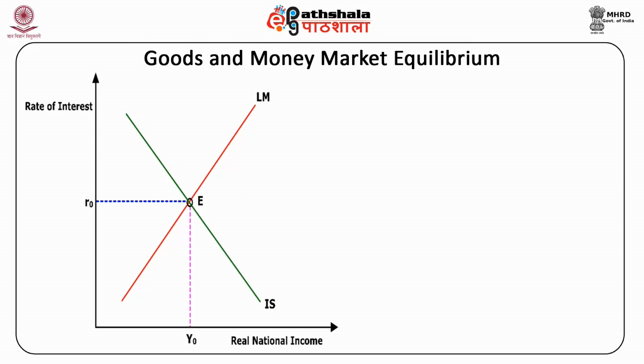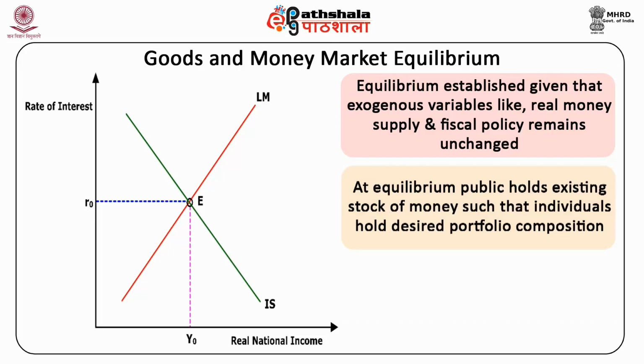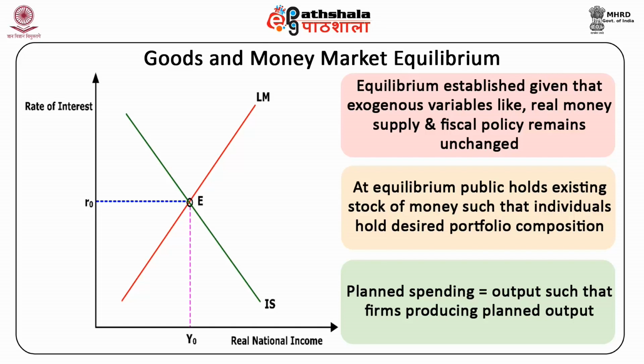At point E, the equilibrium interest rate is at R0 and income level at Y0. This equilibrium is established given that the exogenous variables like real money supply and fiscal policy remain unchanged. At the point of equilibrium, the public holds the existing stock of money, all points on the LM curve, such that individuals hold the desired portfolio composition, and planned spending is equal to output, all points on the IS curve, such that firms are producing their planned output.